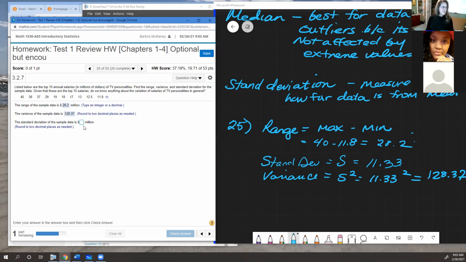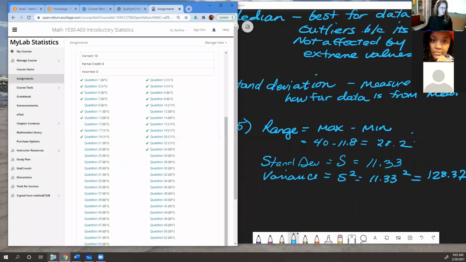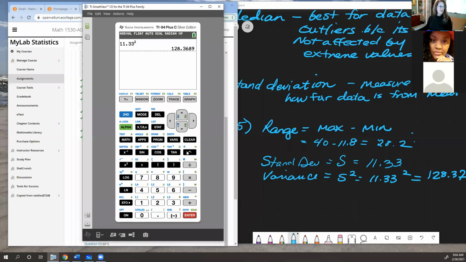All right, and now it wants you to get the standard deviation. Now I'm going to put this one, 11.33, and there we go. Because they're basically saying take this 128.37 and take the square root of that, but that gives you right back to the standard deviation, right?